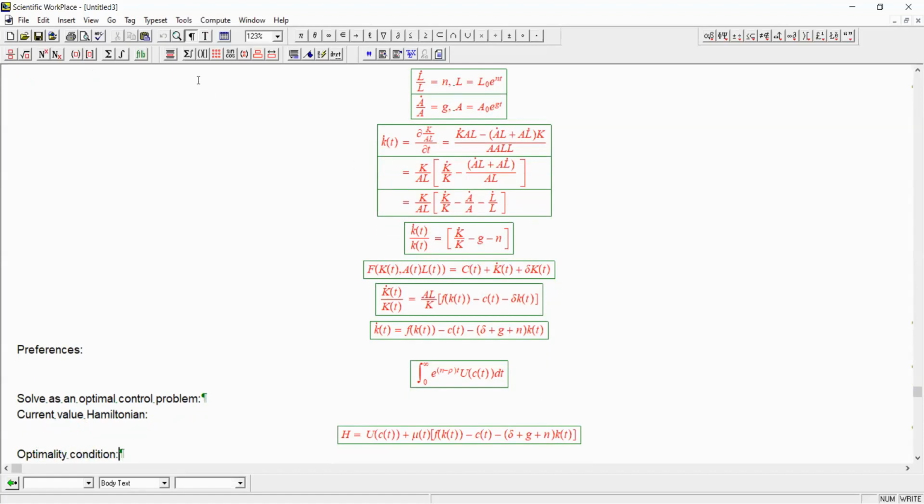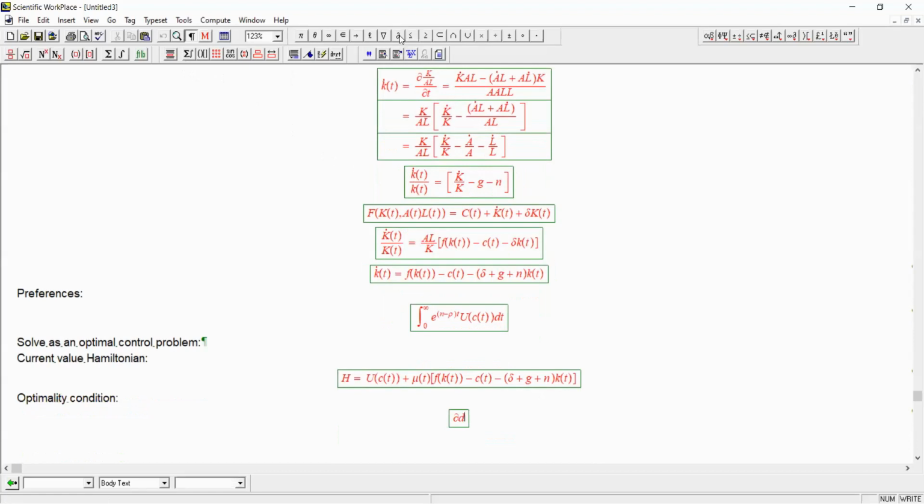The optimality condition, remember, is that the derivative of the Hamiltonian with respect to the control variable must equal 0. And what does that mean? Here is the Hamiltonian.